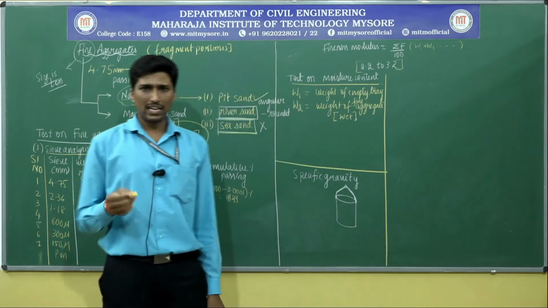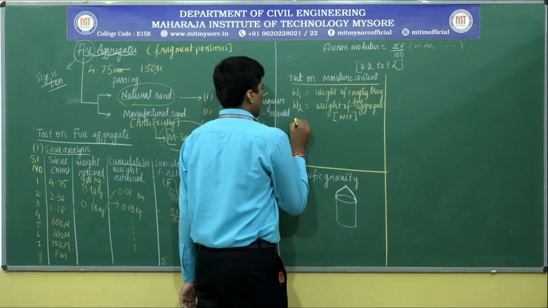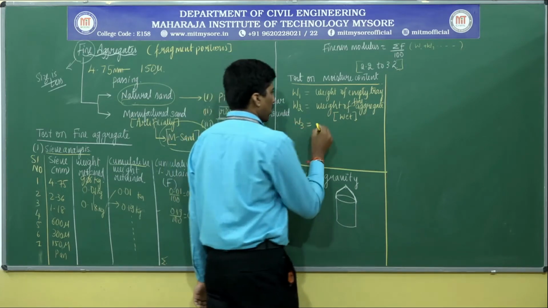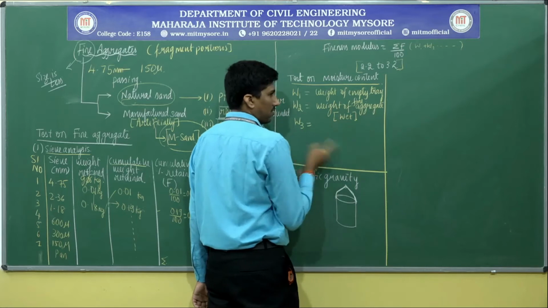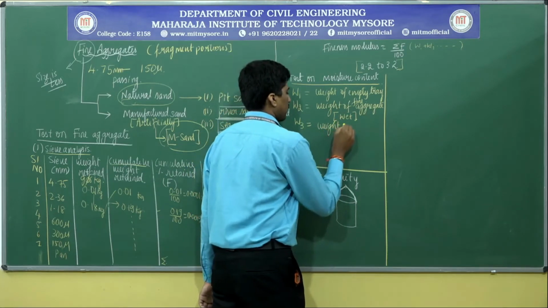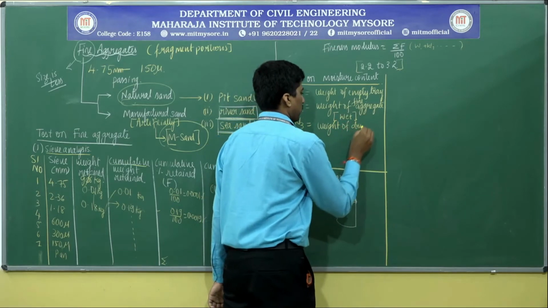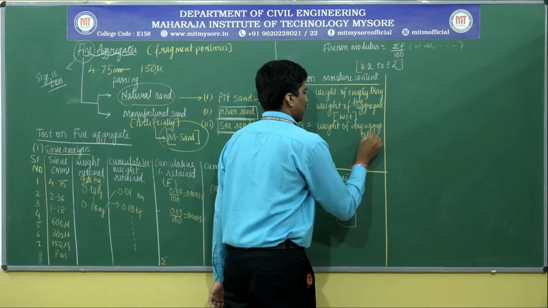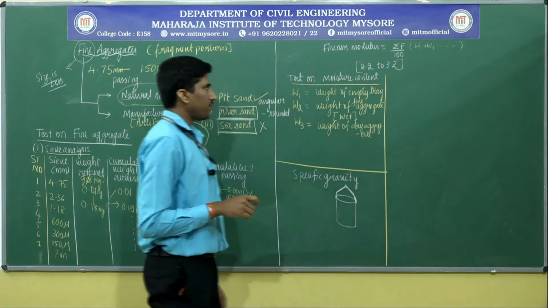Next, W3 represents the dry portion of the aggregate, that is the weight of the dry aggregate.